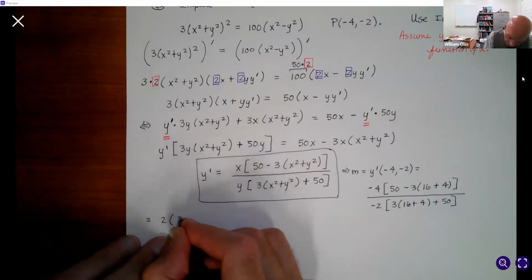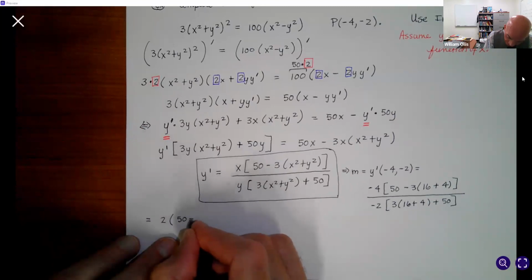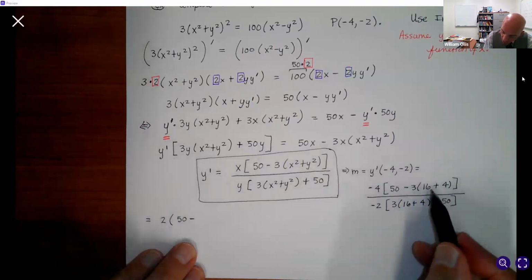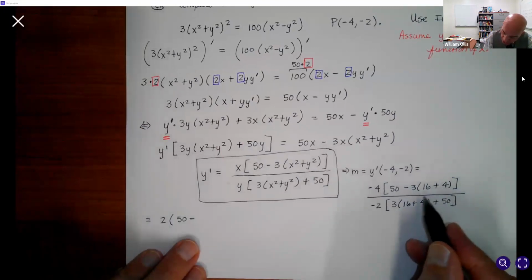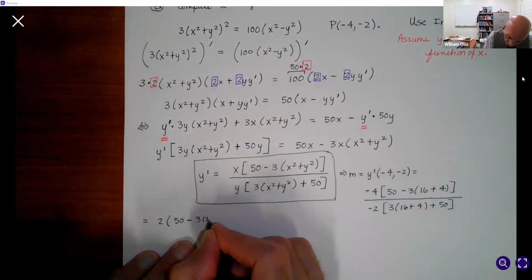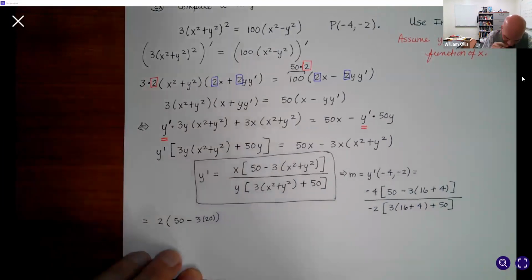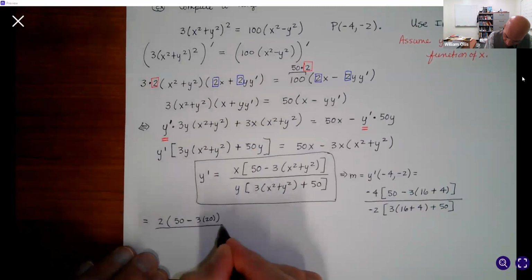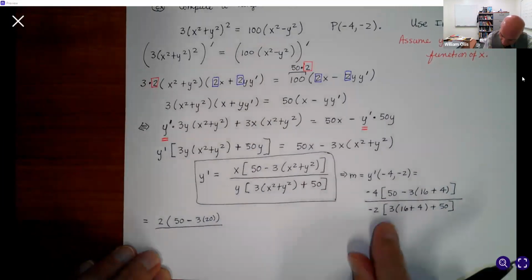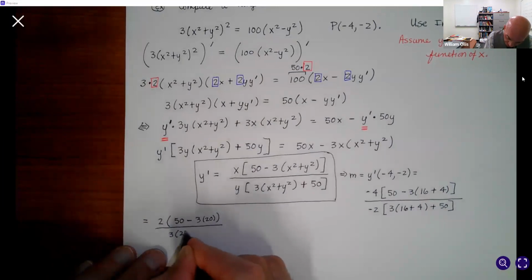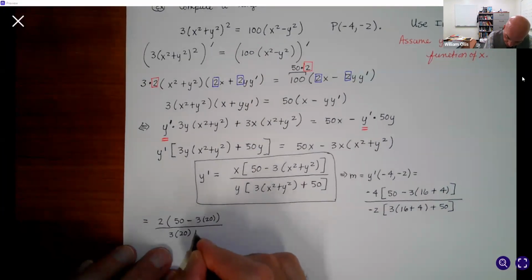And we have 50. We have minus. Now, of course, here, you're thinking you could go ahead and factor some things. So let's go ahead and say this is a -3 times the 20, and then we can factor that to make it a little bit smaller. And then downstairs, of course, the -2 is gone. We have a 3 times the 20 plus a 50.